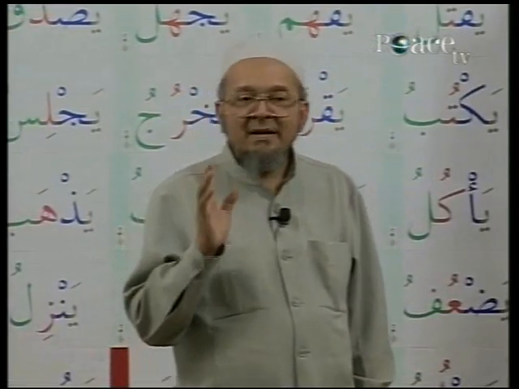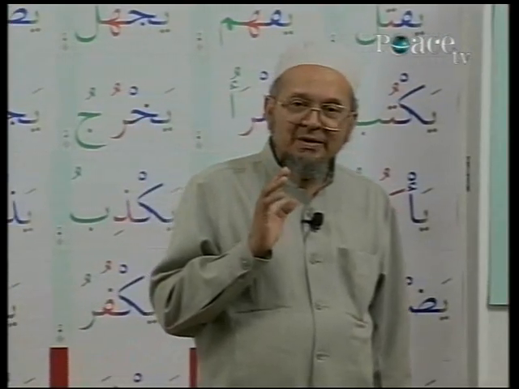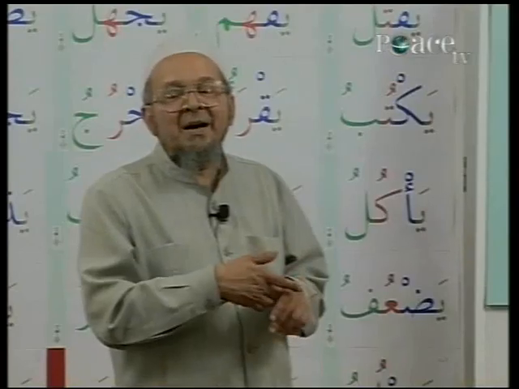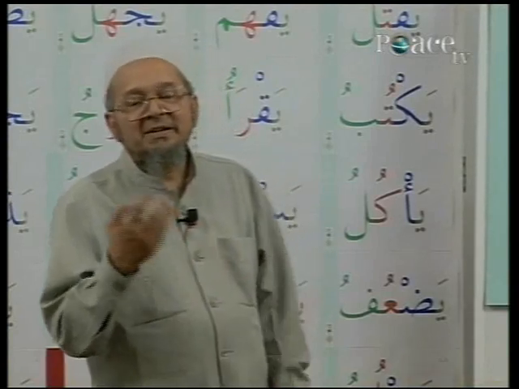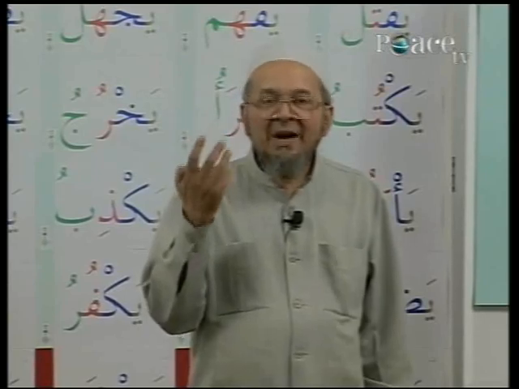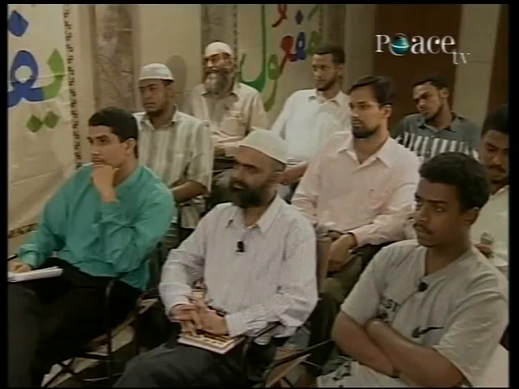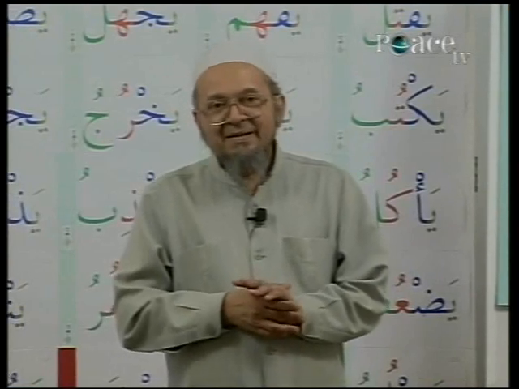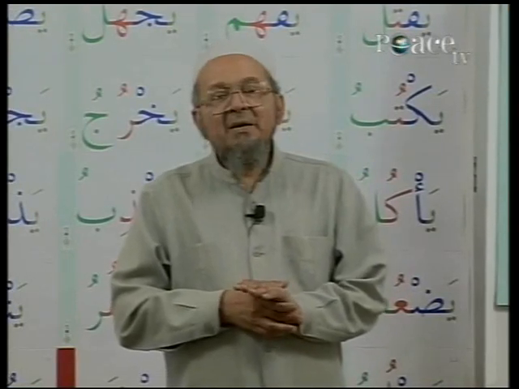The additions are four letters, a, ta, ya, and noon. That will be either suffixes or prefixes. Once they are added to the three radicals, then it is possible for us to form the imperfect. Inshallah, we should continue learning this imperfect.